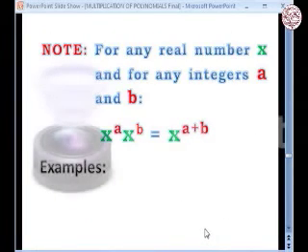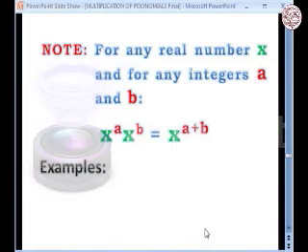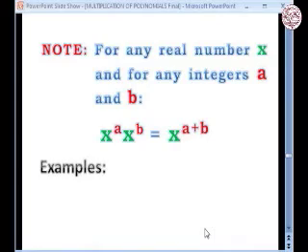Okay, here's a notation. For any real number x and for any integers a and b, we will have x raised to a times x raised to b, that is equal to x raised to a plus b. What is the simple notation? If they have the same bases, you can copy the base and just add the exponents.